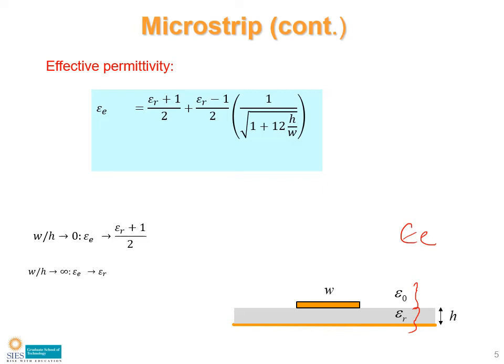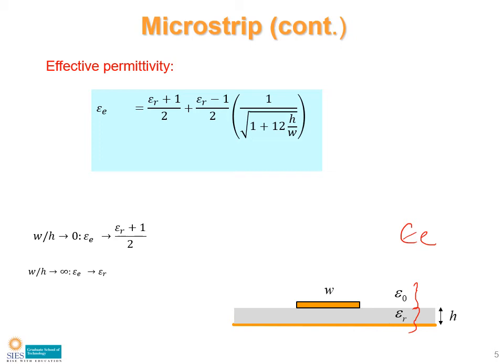As this signal is facing both the air as well as the dielectric substrate, the actual combined permittivity of these two dielectric materials is called the effective permittivity, indicated by epsilon e. This epsilon e can be calculated depending upon epsilon naught and epsilon r, as well as the width of the microstrip line, that is W, and the height of the dielectric H.